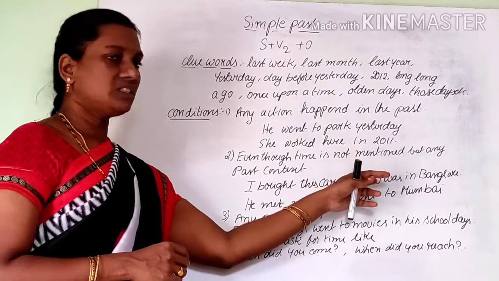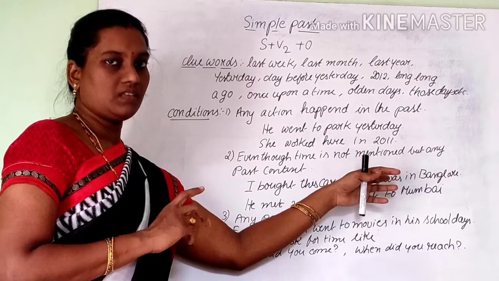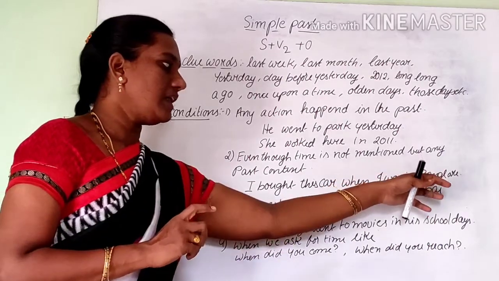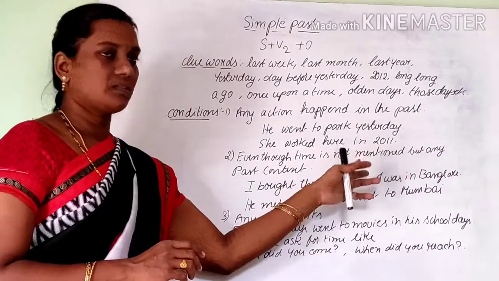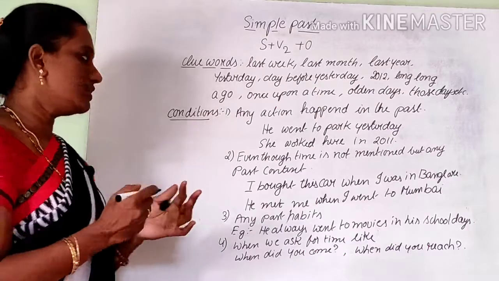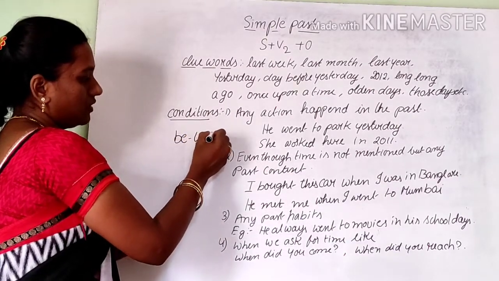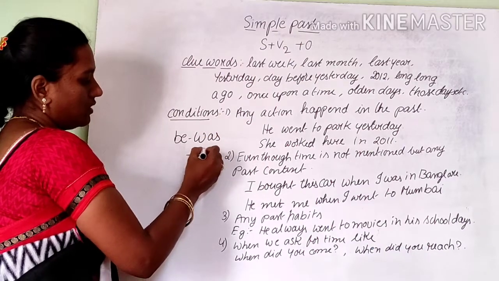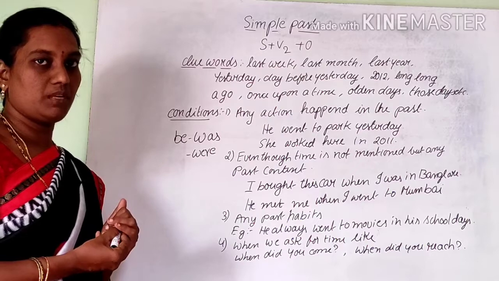See, I is subject, was is past tense, be form, and Bangalore. So here was is the be form of simple past. Was and were are the be forms of simple past.